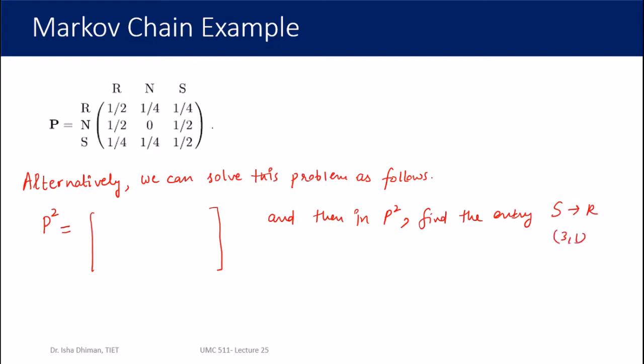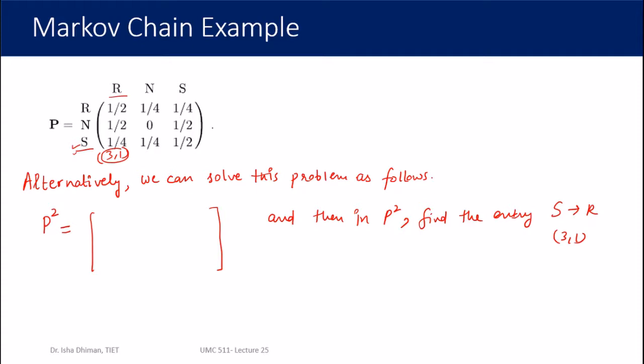Why is it 3,1? Because S to R is this SR, so this entry is 3,1. That means in terms of numbers, you are moving from the third state to the first state. So I have to read the entry 3,1 in the matrix P square.